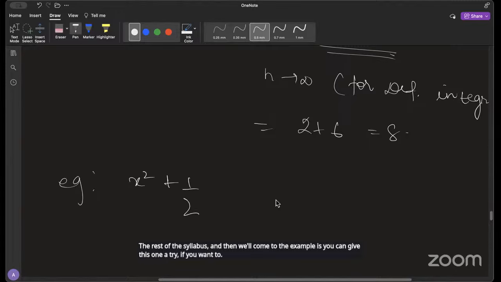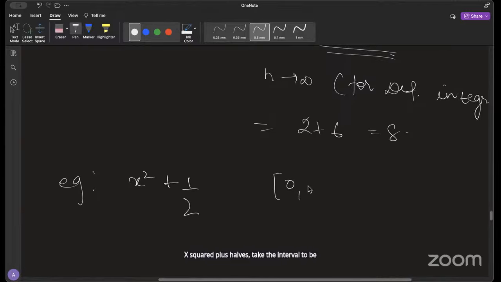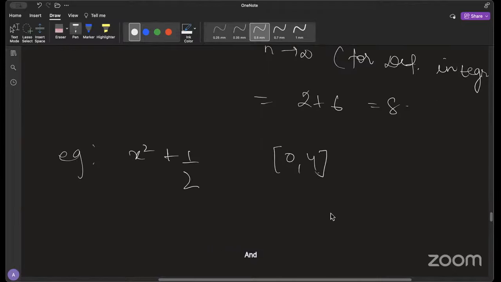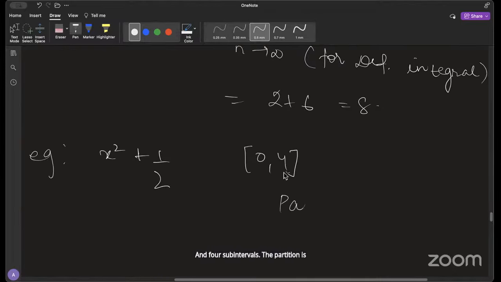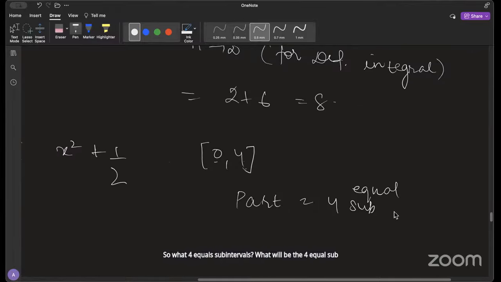The function is x square plus half. Take the interval to be 0 to 4 and 4 subintervals. The partition is 4 subintervals of this. So what will be the 4 equal subintervals from 0 to 4?